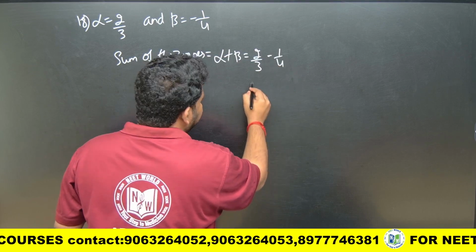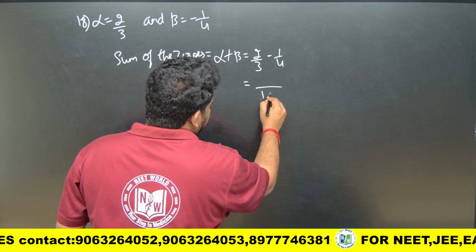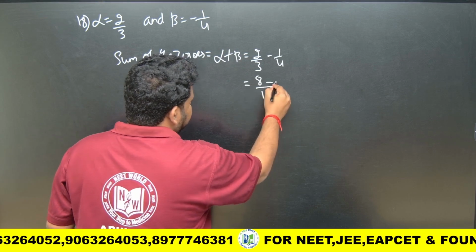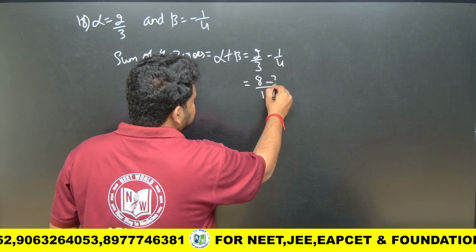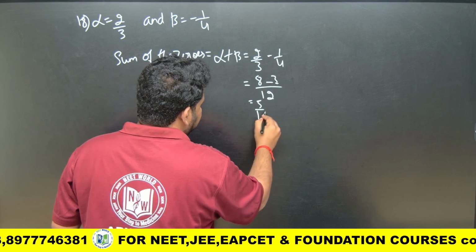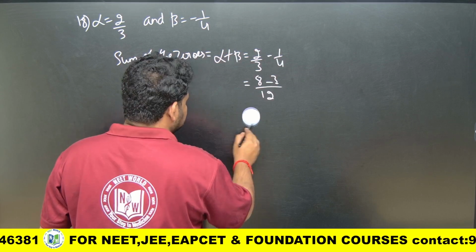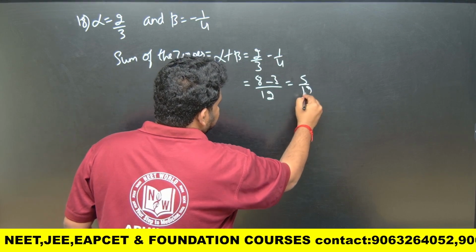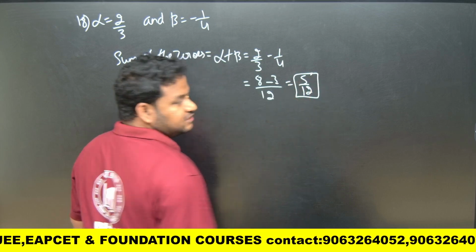Correct? Here what will be the LCM? LCM will be 12. 3 4s are 12, 4 2s are 8, 4 3s are 12, 3 into 1 is 3. So I will get 8 minus 3, which is 5 by 12. So the sum of the zeros is 5 by 12.